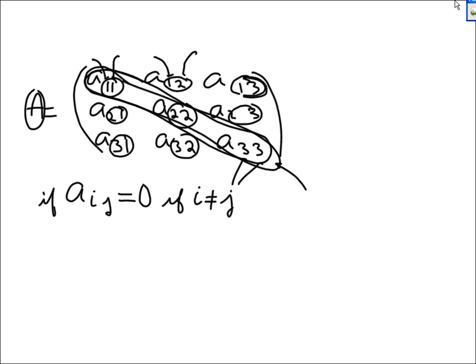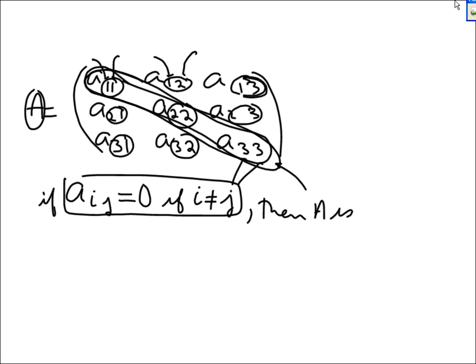And if a_ij is 0 whenever i and j are different, then A is a diagonal matrix.